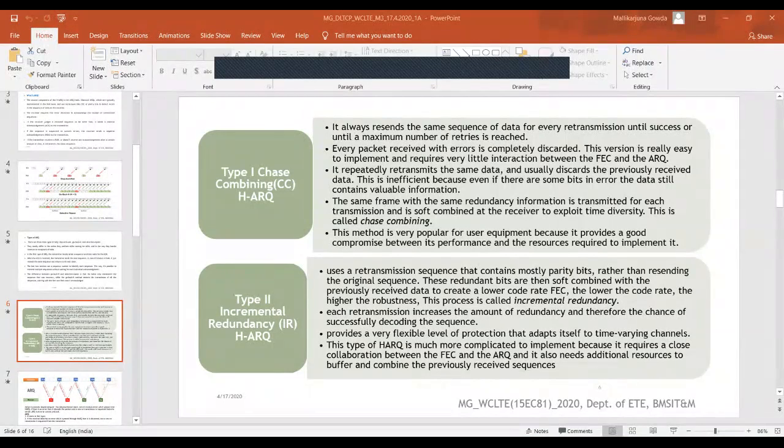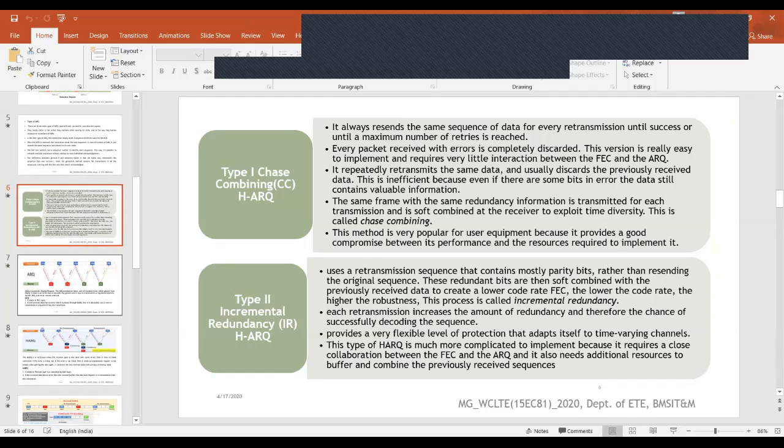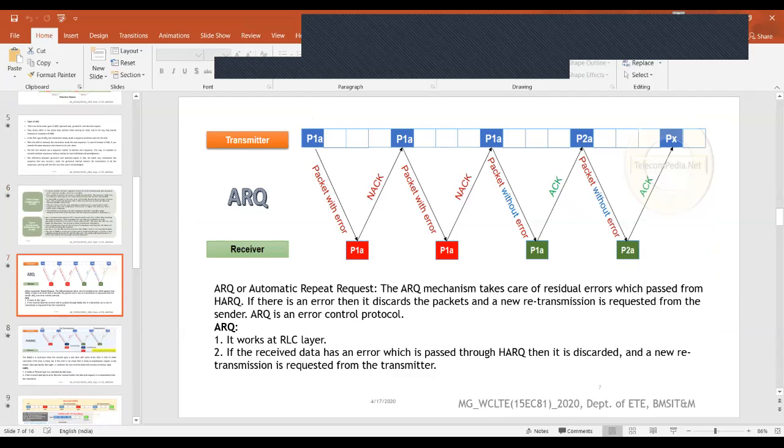So to have a better understanding about these two techniques, let me start with this diagram. This is the ARQ. See, packet one. This is a transmitter and receiver.